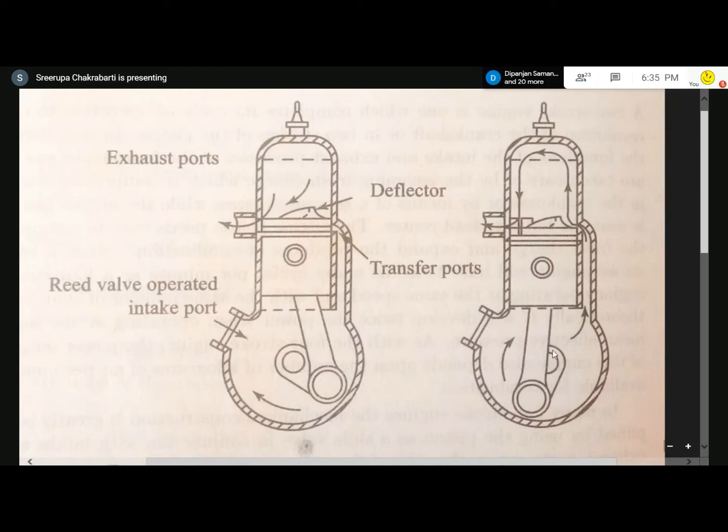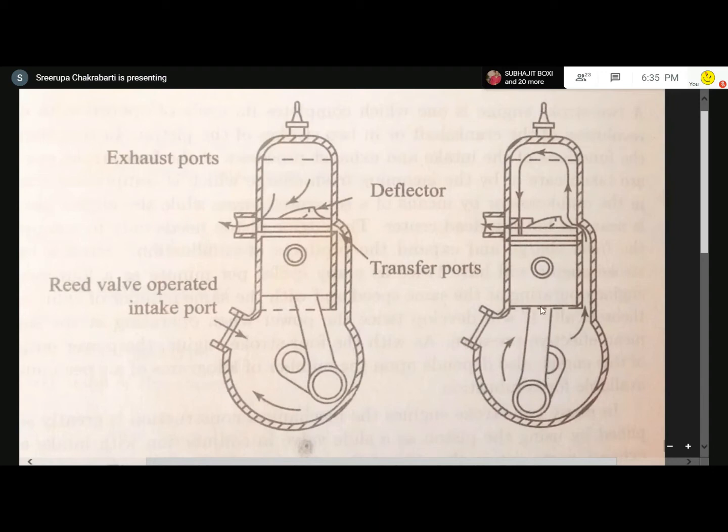When the piston is moving downward, this connecting rod should be like this, and the crank pin should move like this. Then it should come to this position. This position corresponds to the movement of this thing upward. See, this portion and this portion are not matching, right?